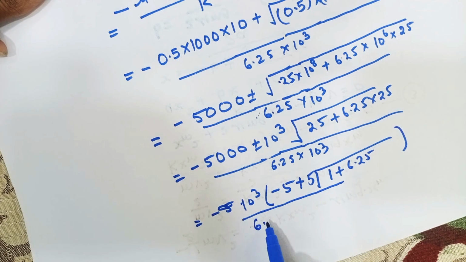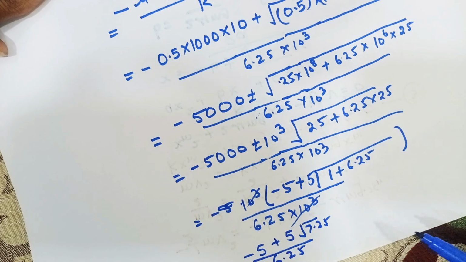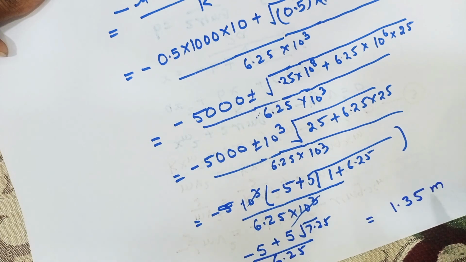It will become 6.25 times 10 to the power 3. This 10 to the power 3 will cut, so it will be minus 5 plus 7.25 divided by 6.25. When you solve this, you will get 1.35 meter.